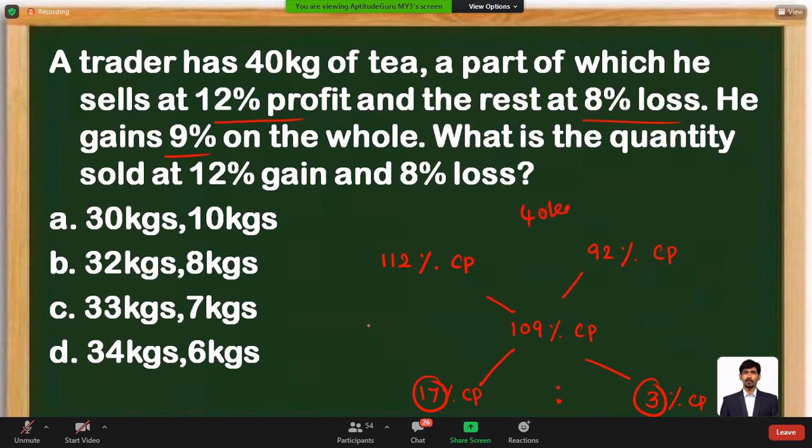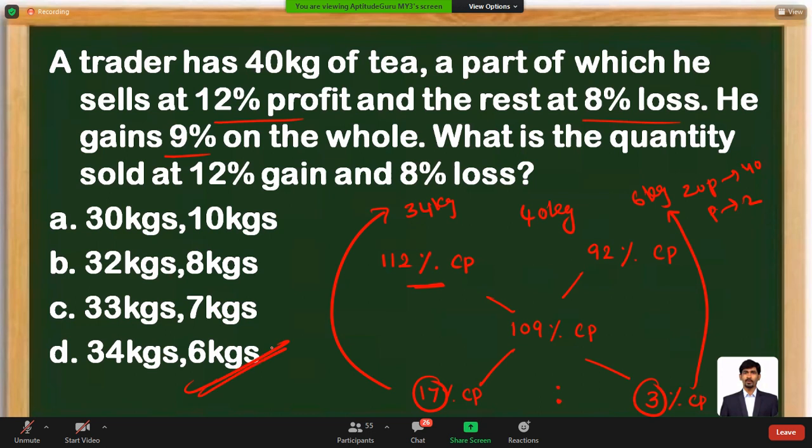Total 40 kgs. So the question is, what is the quantity sold at 12% profit? One part is going to be 2 kgs. 17 parts are going to be 34 kgs, and 3 parts are going to be 6 kgs. Mark it as the option with 34 and 6.